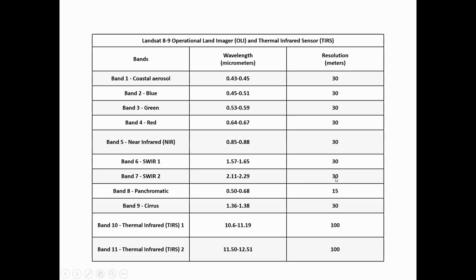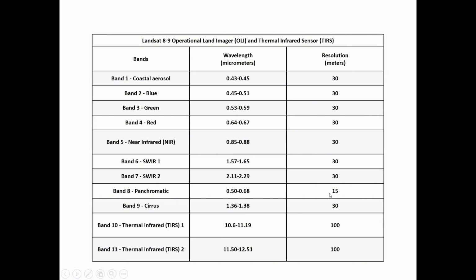If you reduce the 30 meter band to 15 meter, this process is called pan sharpening, because we sharpen the other pixels, or convert them into high resolution with the help of the panchromatic band. This process is called the pan sharpening process in GIS.